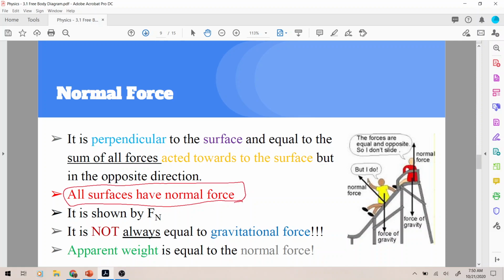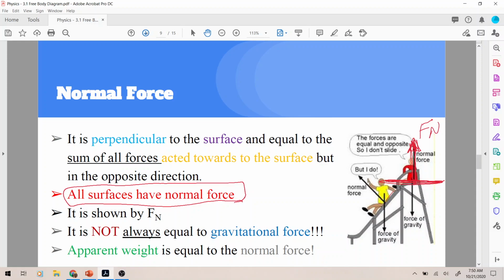So if you're in contact with any surface, you're going to have a normal force. And what will be the direction of normal force? Let's say for this kid, the plane of the surface is like this, then you are going to be 90 degrees to the surface. That is your normal force.